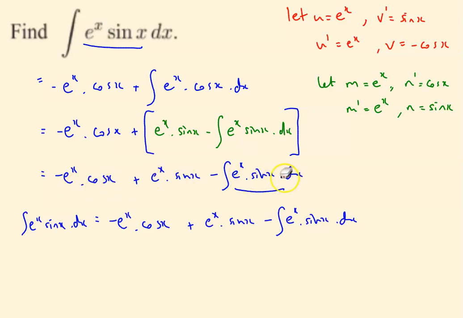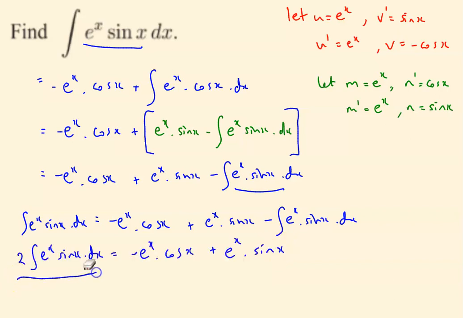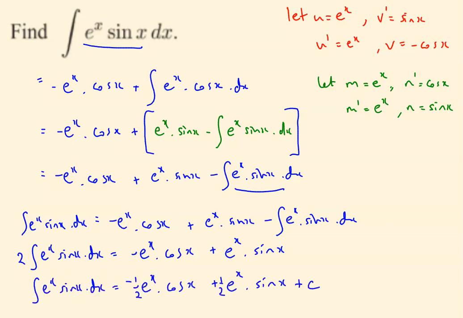This term is actually equal to that term, which is what I've written down here. So I can move this term across to the right hand side to get two lots of the integral of e to the x sine x dx, and then I can divide by two. Don't forget to throw in your constant of c, which gives us the solution.